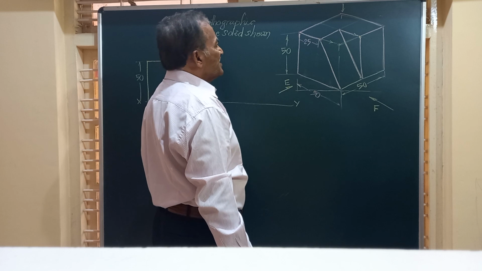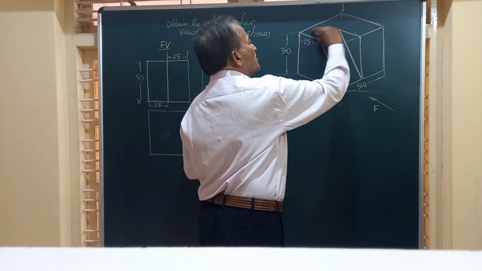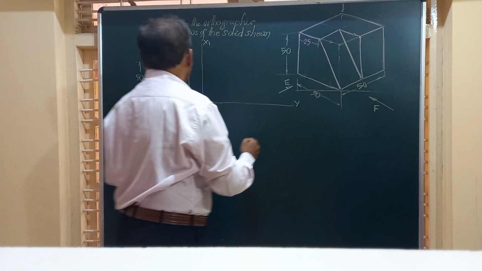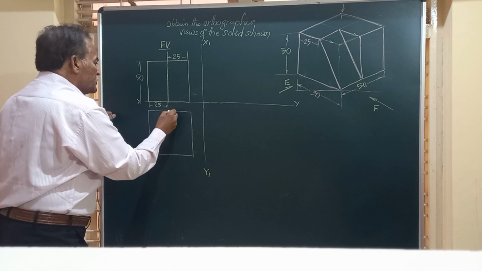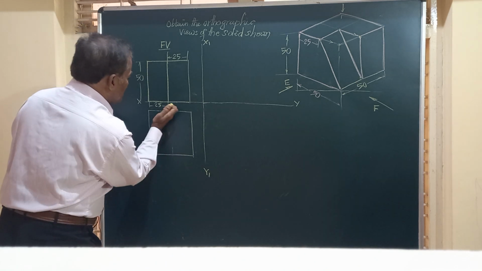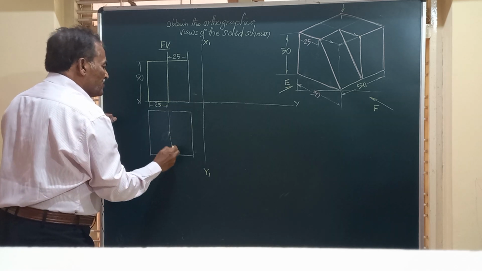Friends, let us come to the top view. When you look from the top, you are going to have an L-shaped top view here. So friends, how do we get that? Exactly, we will divide this into 4 equal parts, like this.